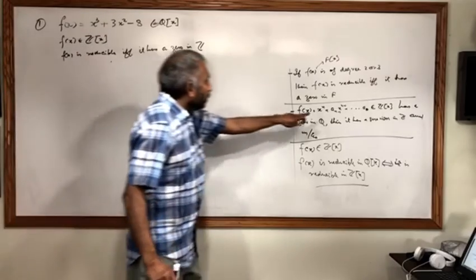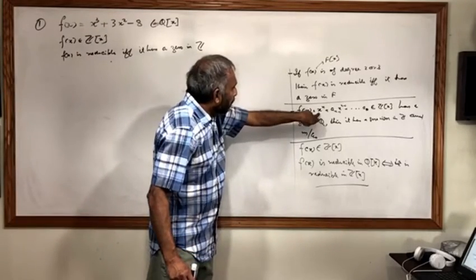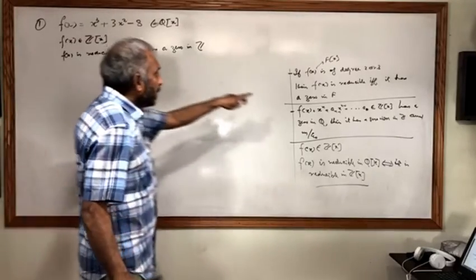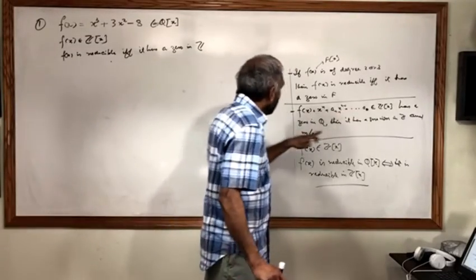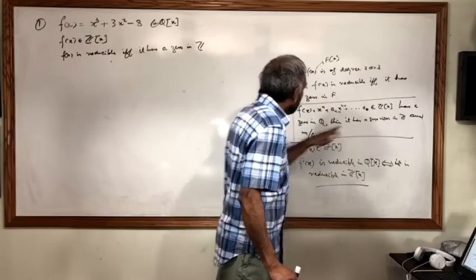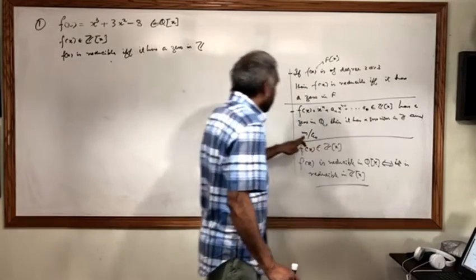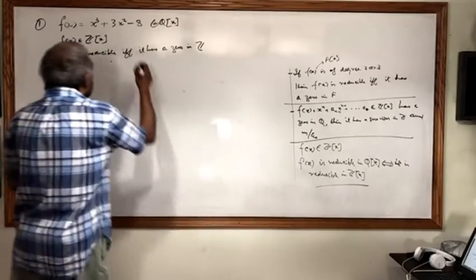The coefficient of the highest power of x is 1, and that is this. So this is exactly like this, and it has a 0 in Q, then it has a 0 m, and m divides a0.